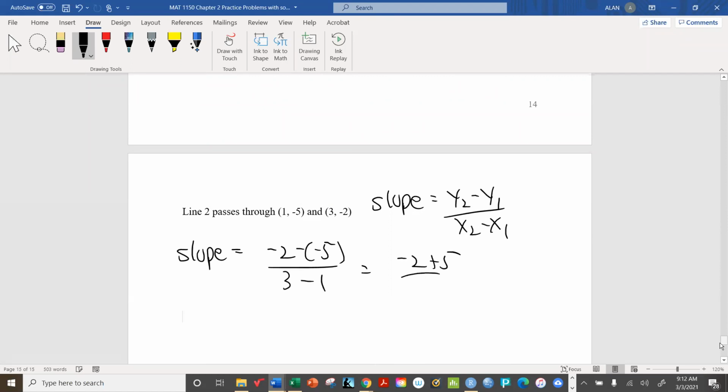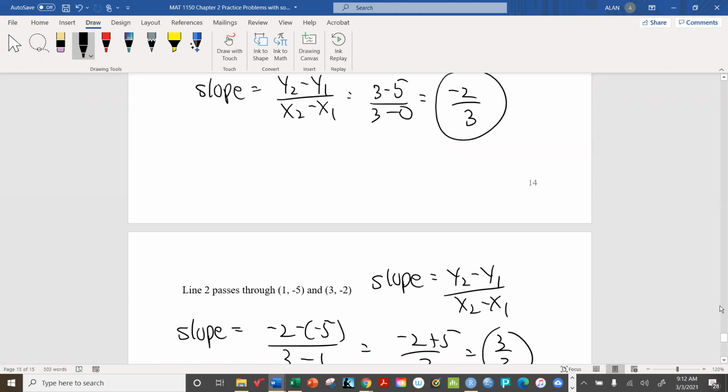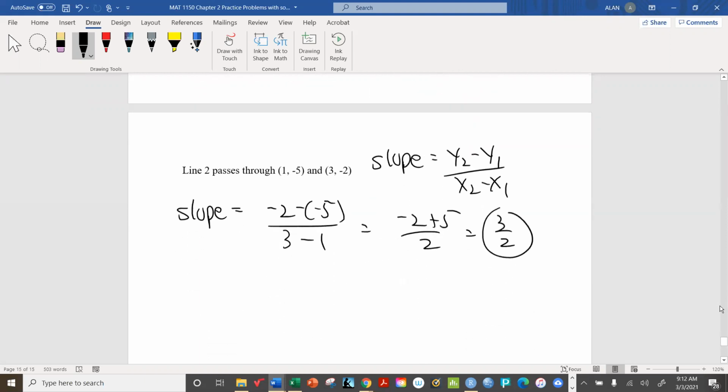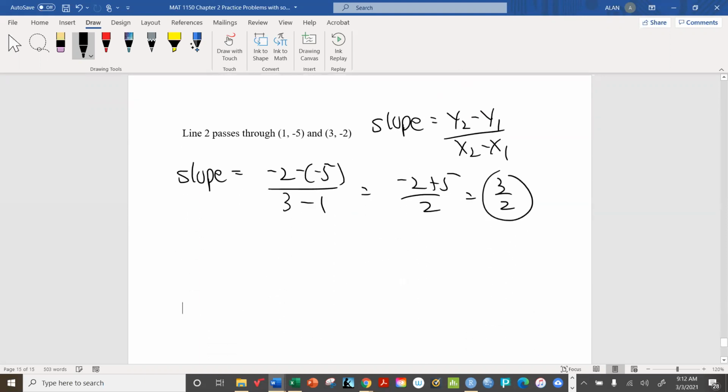Negative 2 plus 5 over 2, 3 halves. All right, so we have up here -2/3. Look at that. Down here we have 3 halves.